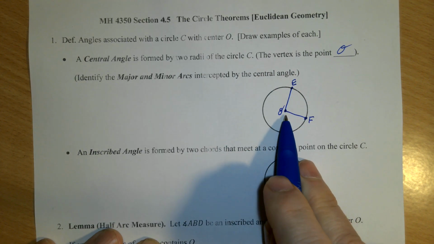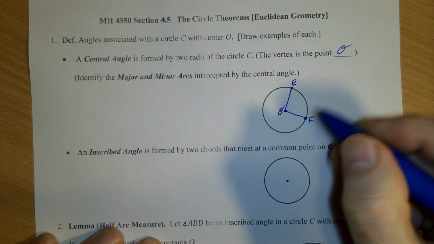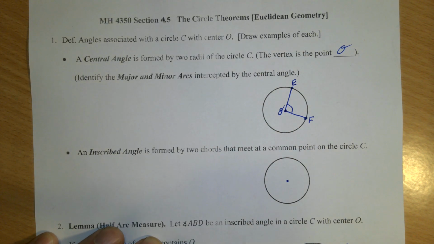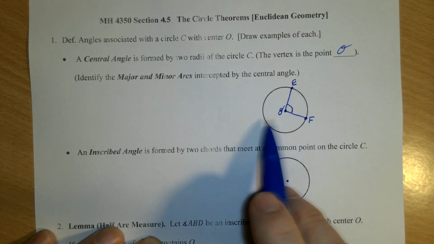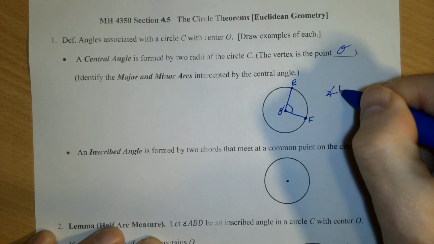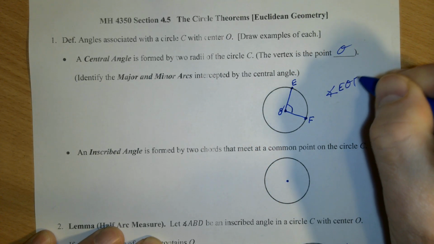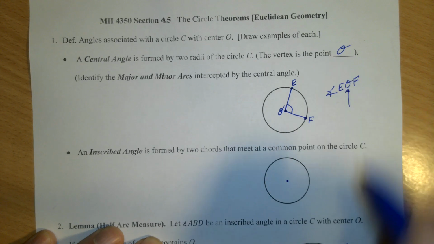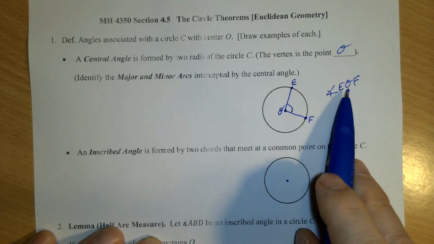So that's the center O. This angle is our central angle, right here. Let me write this down as the angle EOF. In any central angle, the vertex is the center point of the circle, that O.